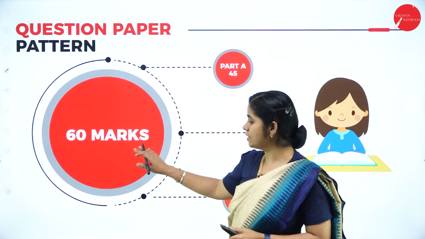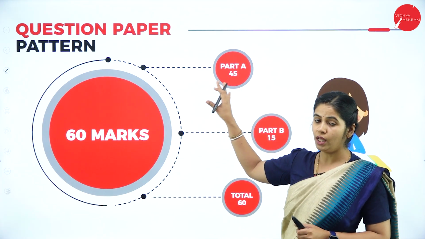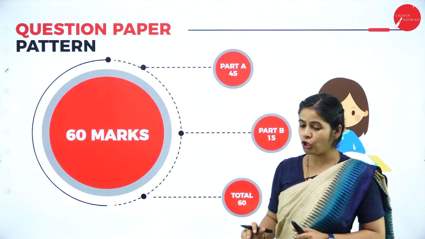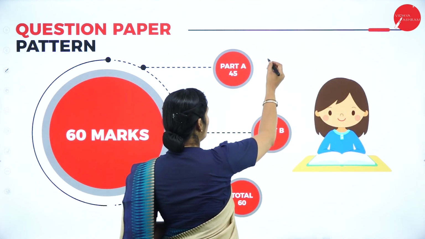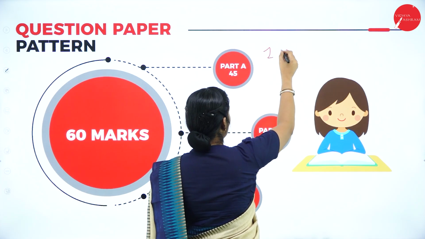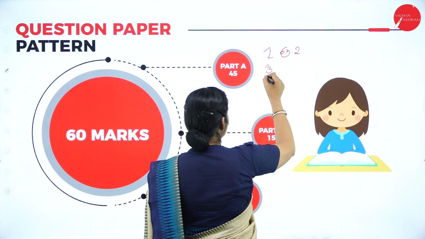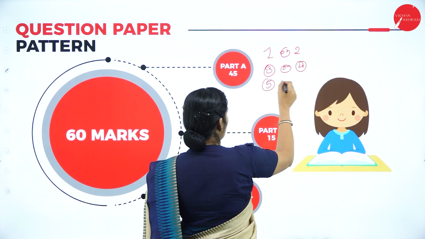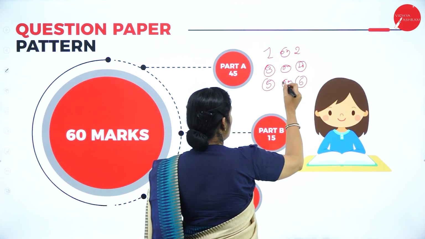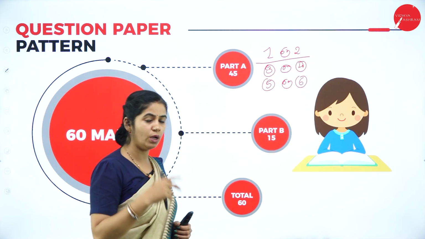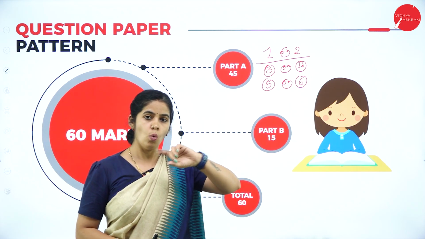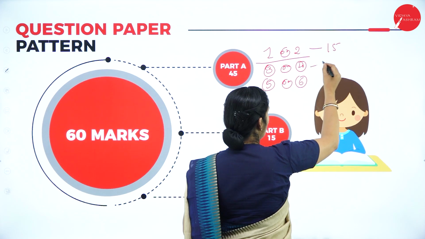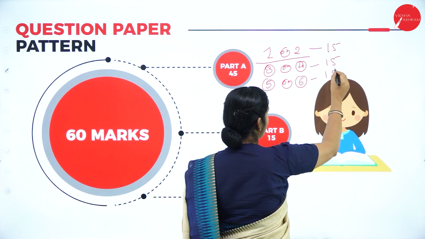Okay, and what is the exam pattern? 60 marks. Out of 60 marks, from each module, you will have part A and part B. In part A, from each module, you will have 2 questions, question 1 or 2, question 3 or 4, question 5 or 6, out of which you have to answer 1 question, which will carry 15 marks each.